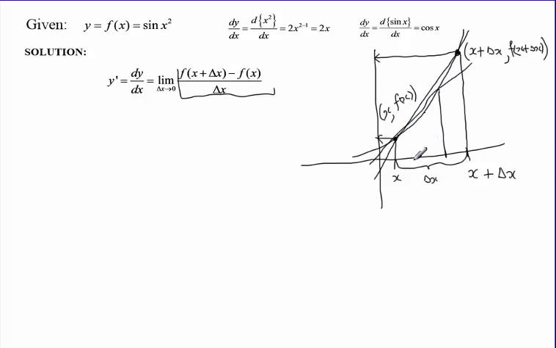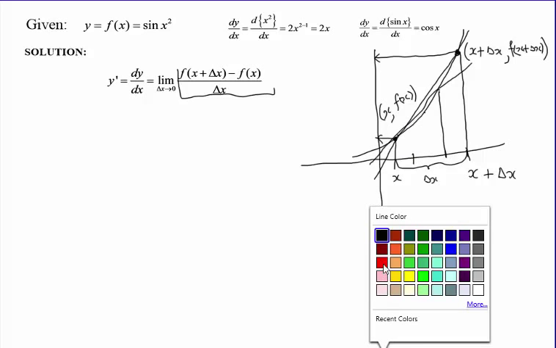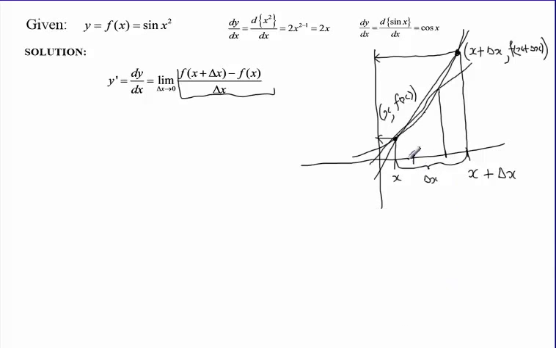If I keep on doing that, coming here, you'll see that at the end, the line I'm going to have here is going to be a line touching the curve just at that point, because this point is coming closer and closer to this. That line there is what we call the tangent line. So when I calculate this limit, I'll be approximating the slope of this tangent line.